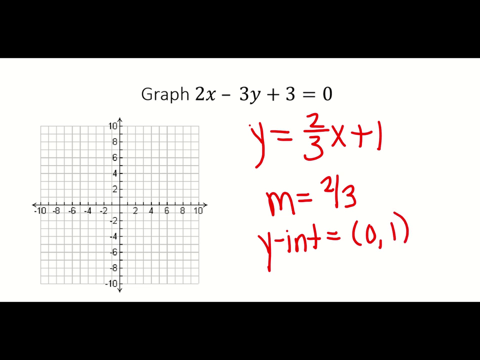So using this information, we're going to plot the y-intercept at 0, 1. And then count your slope. Rise 2, run 3. Rise 2, run 3. Once you have your 3 points, connect them with arrows on the end.